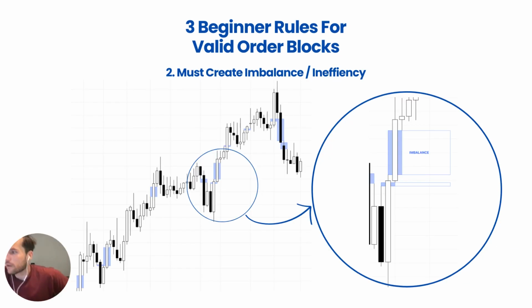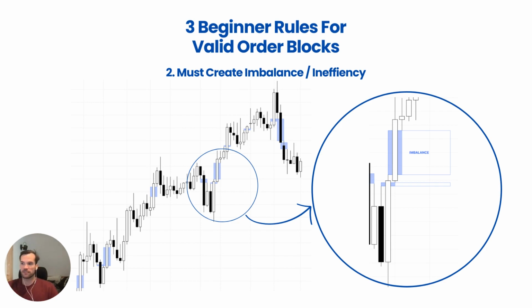The second rule is that it must create imbalance or inefficiency. As you can see from the diagram here, I've highlighted all the imbalance areas in blue. And I've got a zoomed in picture. As you can see, the imbalance that we define is the gaps between wicks on candles.